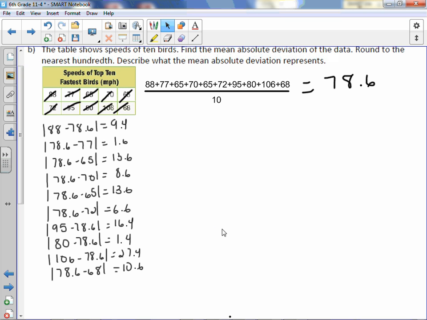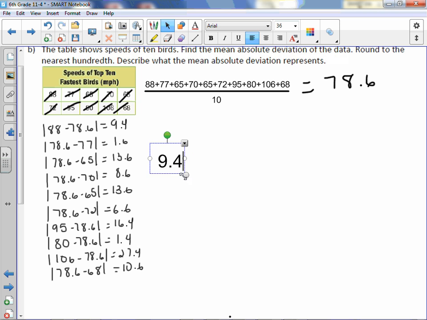All right. So now we found the mean, which is 78.6. We subtracted it from each data value, of course finding the absolute value of those numbers. And we have a new set of 10 numbers. So let's go ahead and add those numbers together and divide by the total data value. Let's find the mean.